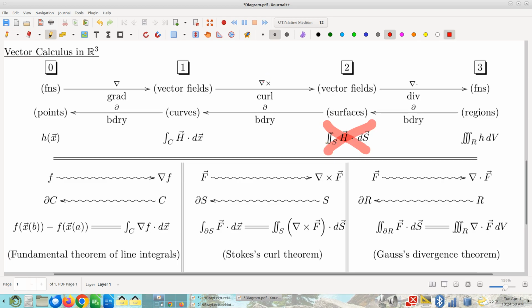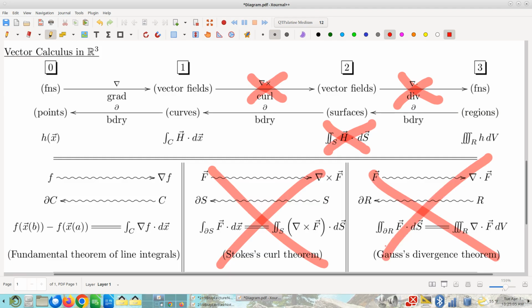We've barely discussed curl and divergence in 3 dimensions. I certainly haven't given you much reason to believe that those formulas that we wrote down in 3 dimensions back in chapter 3 do anything. And we certainly haven't discussed these theorems yet, right? So most of what's on the right-hand side we haven't even talked about.